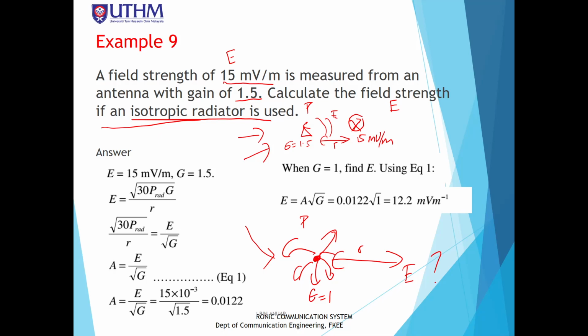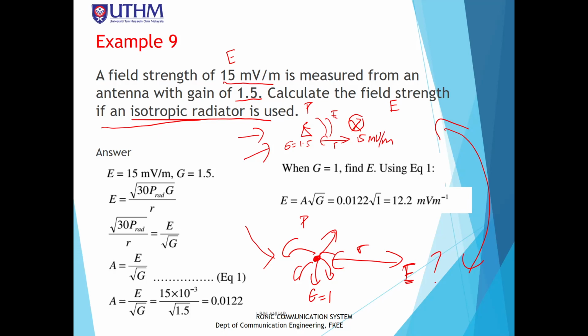We inject or radiate the same amount of power, and at distance R, how much is the E field that we're going to measure? Berapakah nilai E yang kita akan dapat pada jarak yang sama? Because we want to compare. We just change the antenna.